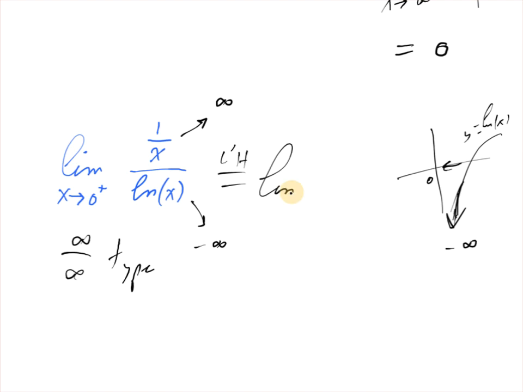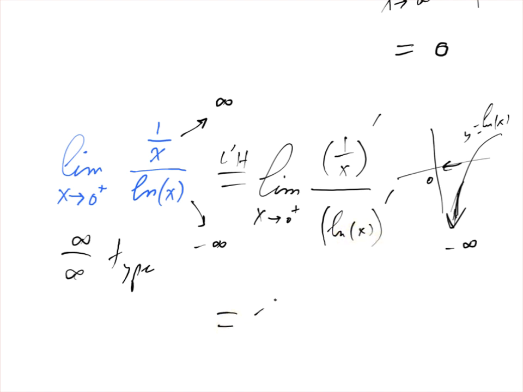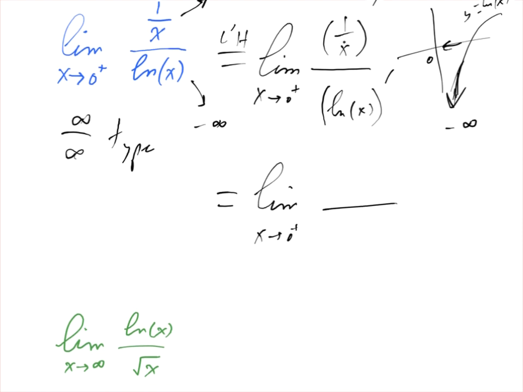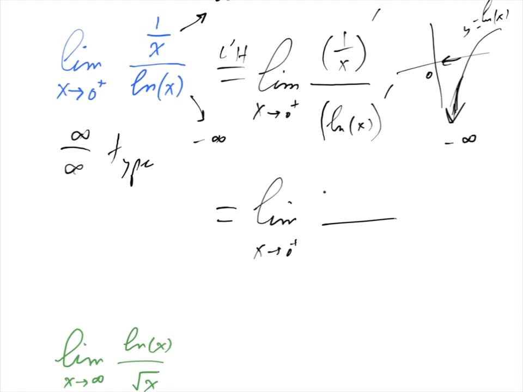So this is the same as the limit as x tends to 0 from the right of the derivative of the numerator over the derivative of the denominator. So this is the limit of the derivative of 1 over x, which is minus 1 over x squared, by power rule.